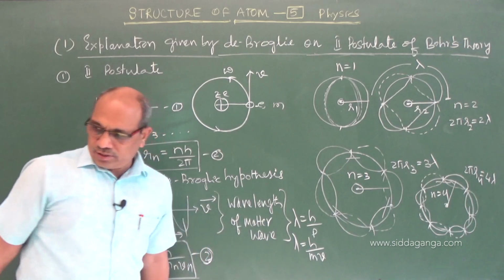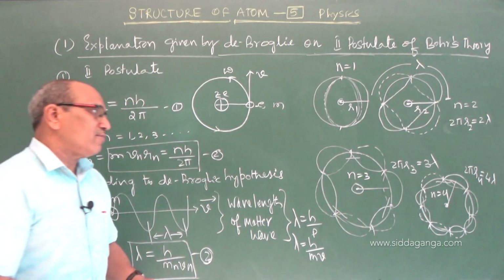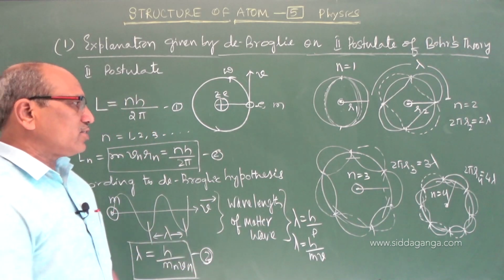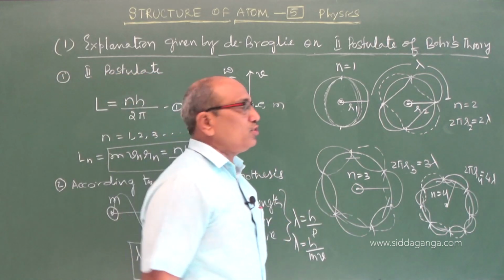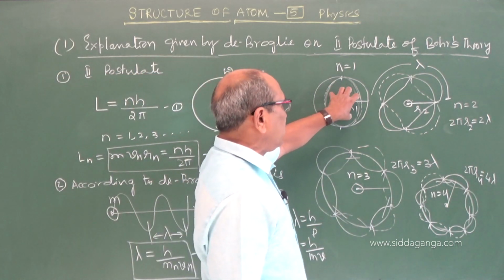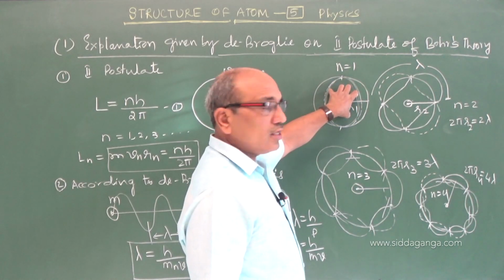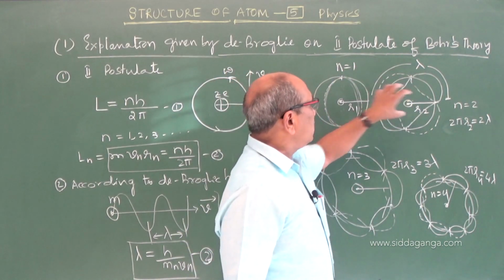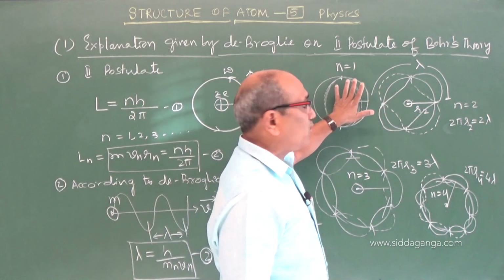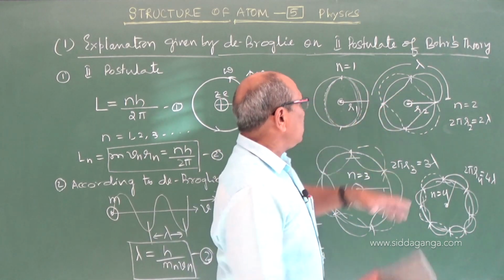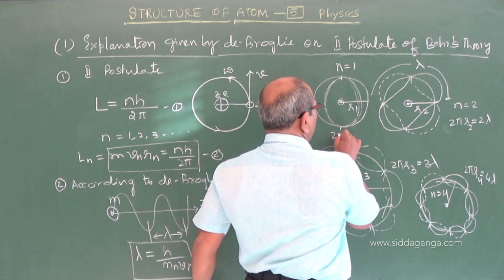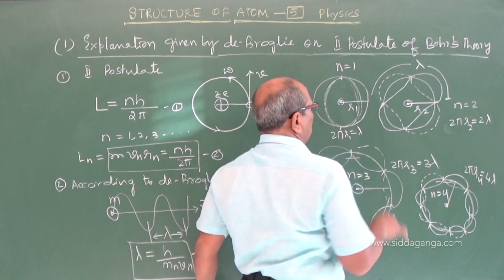That means his argument comes from here. As the radius increases, there are specific positions or energies that the electron can possess. Where n is equal to 1, it may be lambda. Going to the next, it is very difficult to show, therefore I have not shown it correctly here. But here it is n equal to 1, 2 pi r1 equal to lambda.